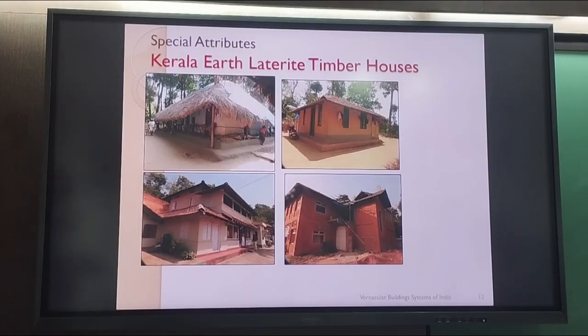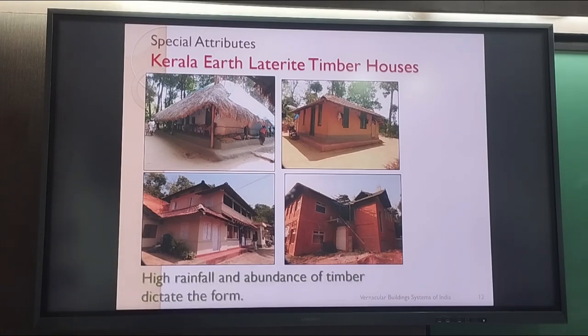And we go down to Kerala, and there again, laterite is found. Also, a lot of timber and earth. Depending on what one can afford, a variety of construction media is used. But for most of the houses, the form is based on the heavy rainfall and, of course, the abundance of timber.